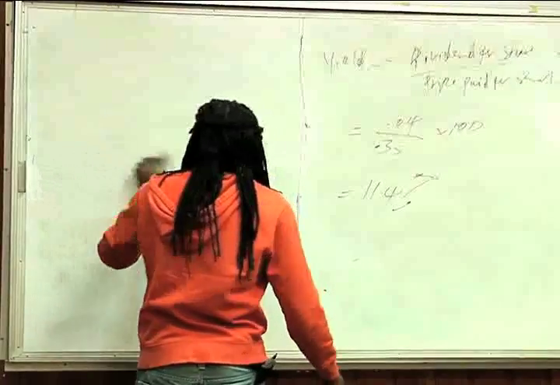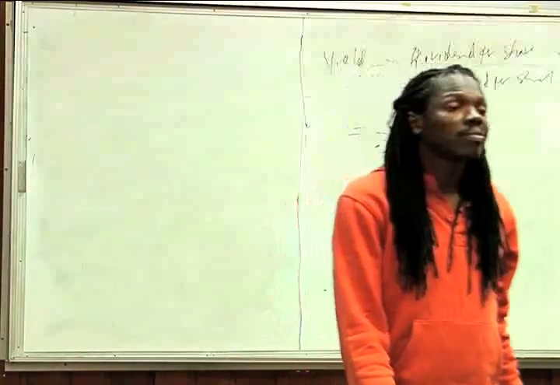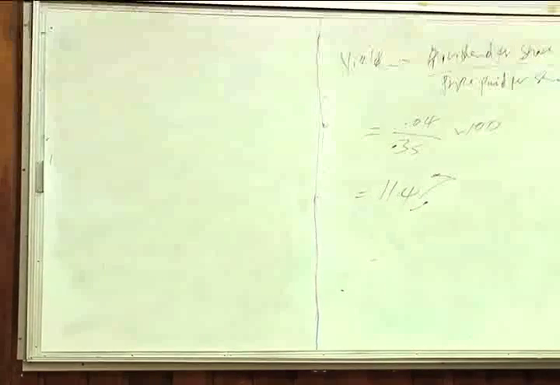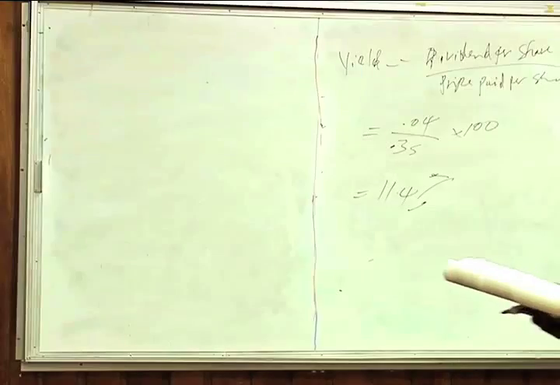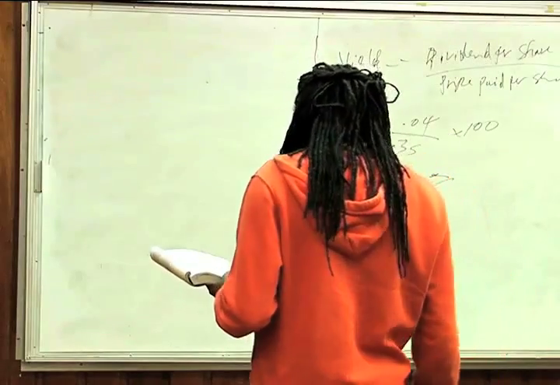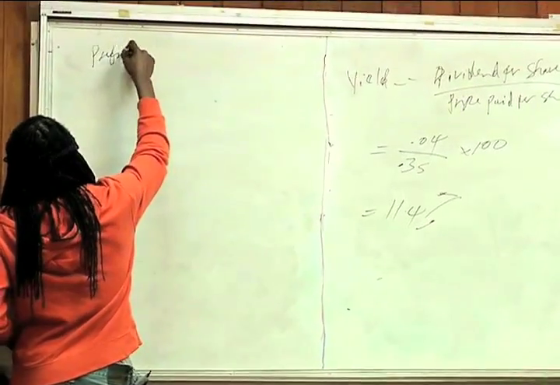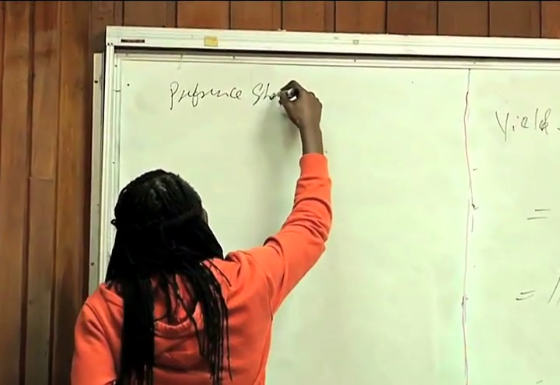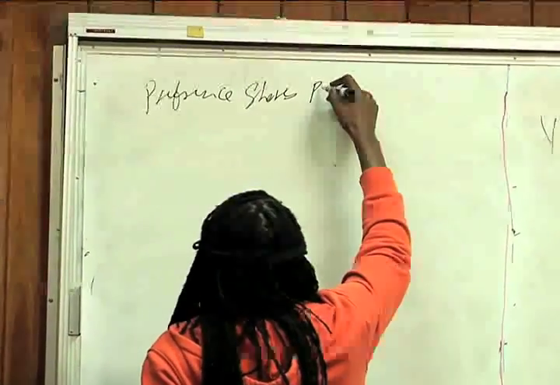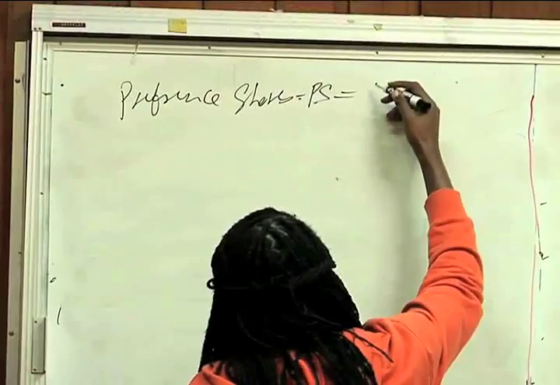We know the capital. 50,000 preference shares, 6%, $1 each. PS equals $1.